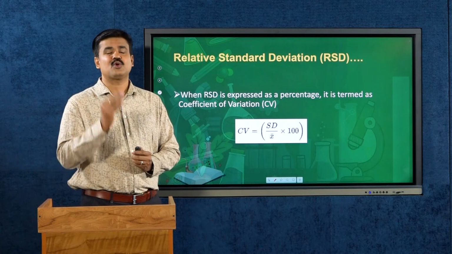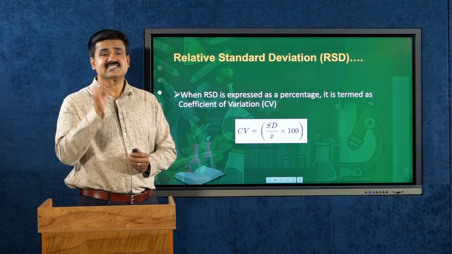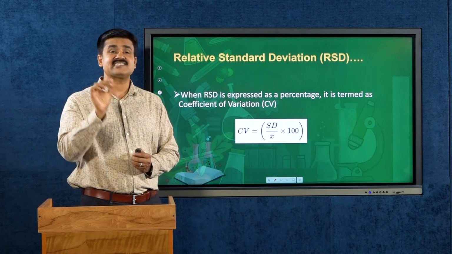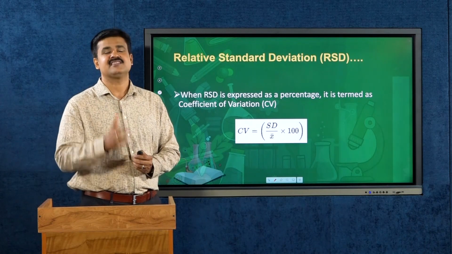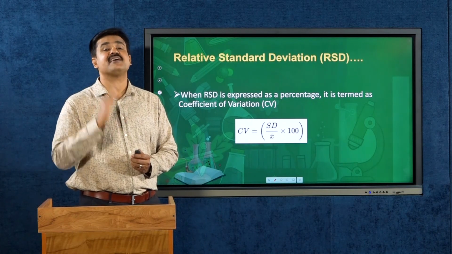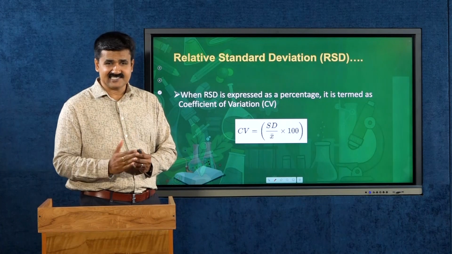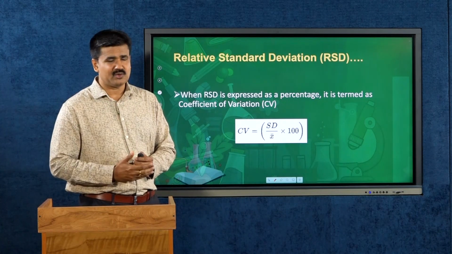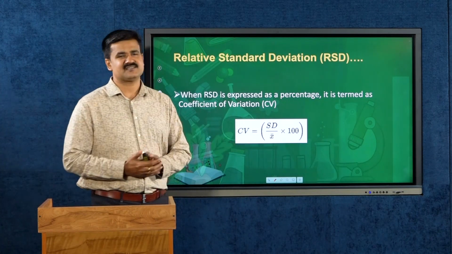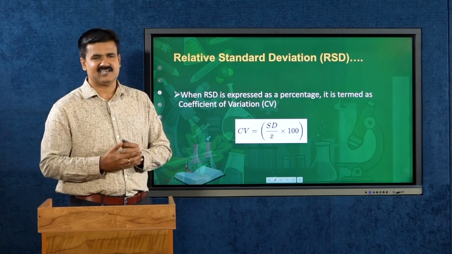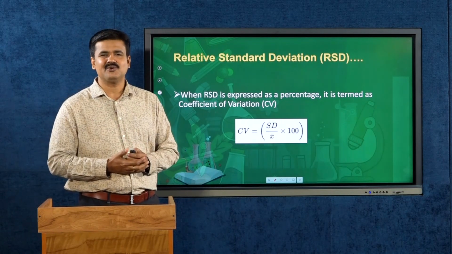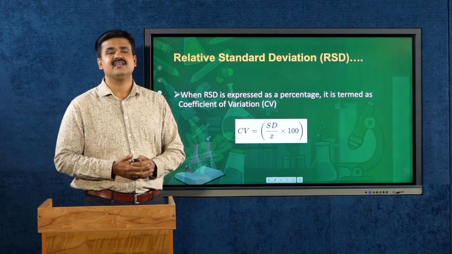That is, coefficient of variation CV is RSD percentage, that is, RSD multiplied by 100. That is, CV equals SD divided by x bar, multiplied by 100.